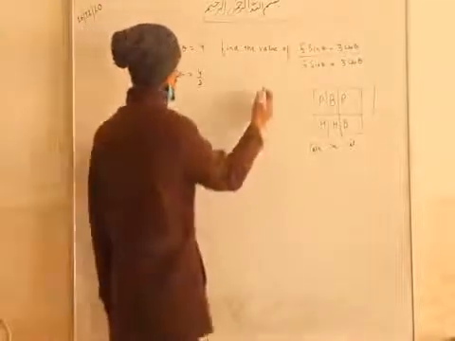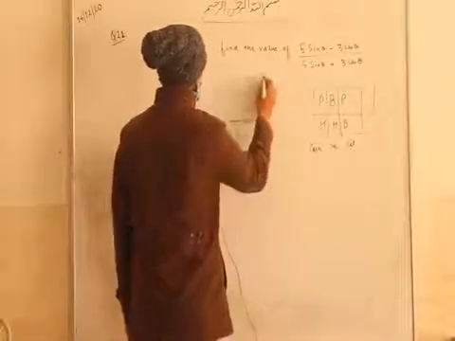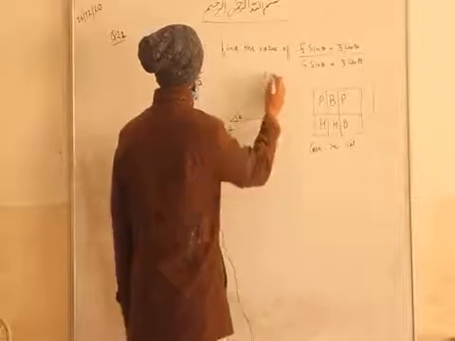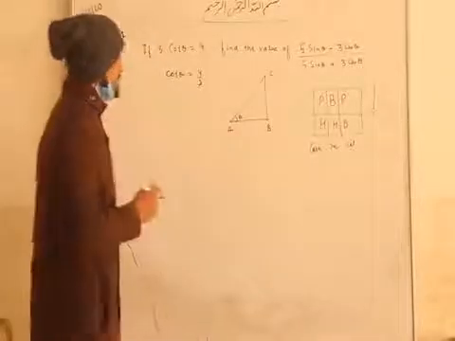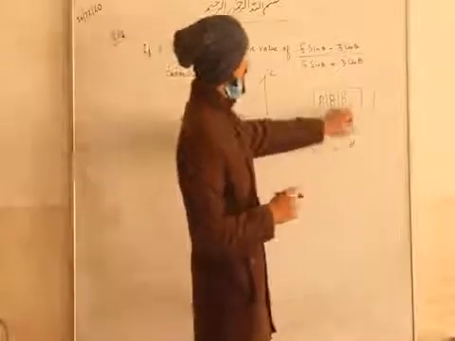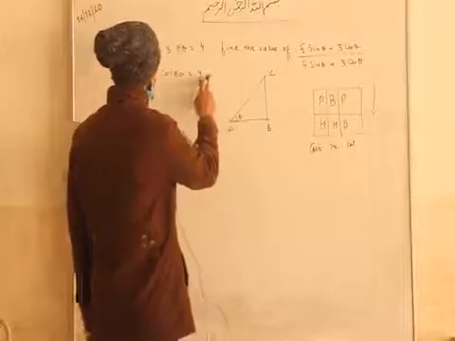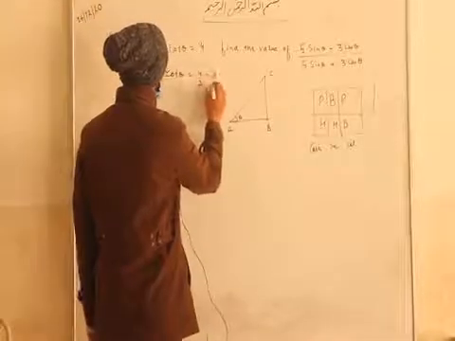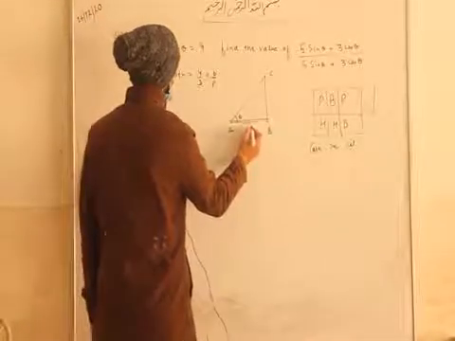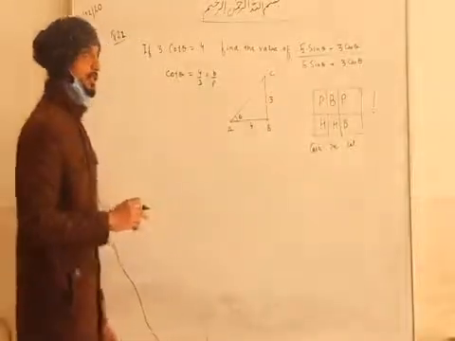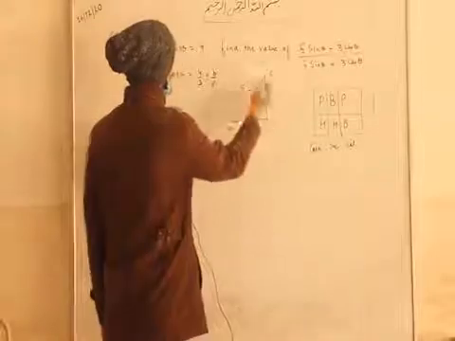Now, this is your triangle. Cot theta is B upon P, base upon perpendicular. So base is 4 and perpendicular is 3. So you will find this side. It will be 5.